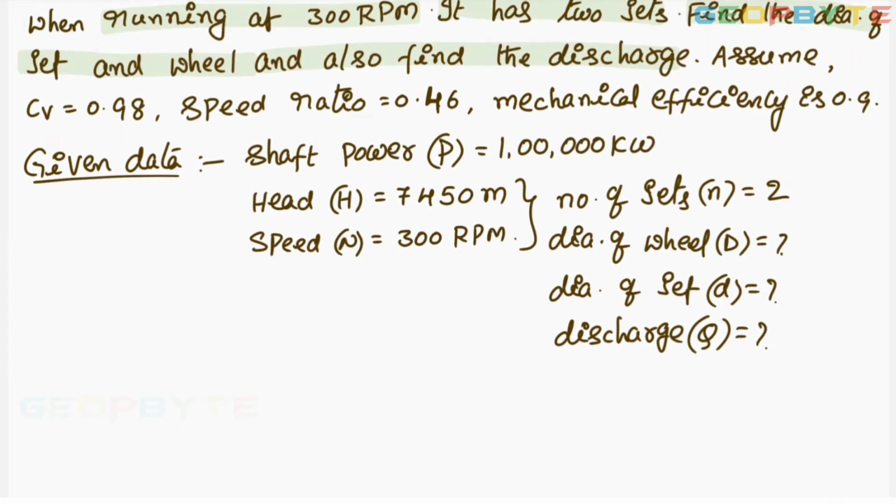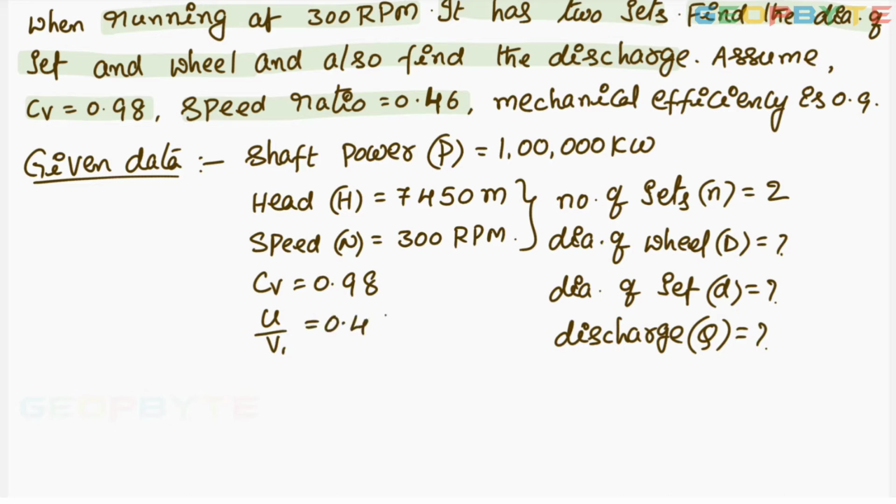Now the coefficient of velocity Cv equal to 0.98 and the blade speed ratio U by V1 is equal to 0.46.